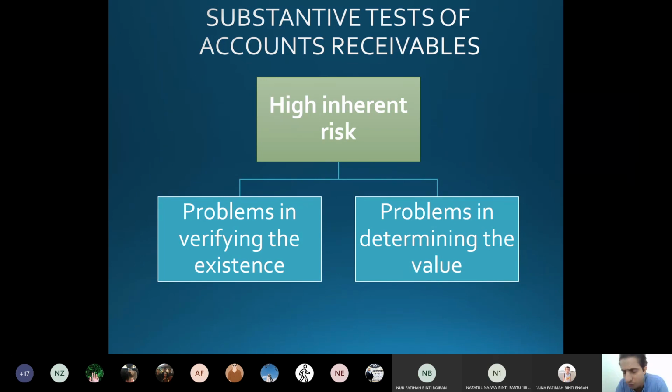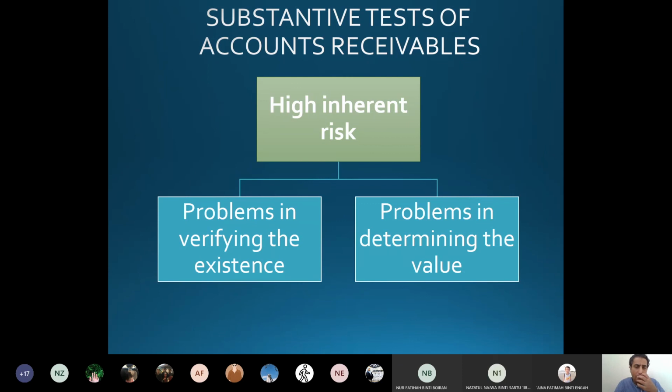Before we go on, we need to understand that the accounts receivable account is considered highly risky. It is inherently risky. The reason is, when you sell on credit, there is a possibility you will not receive the cash back. The payment will either be late or you will not receive it.